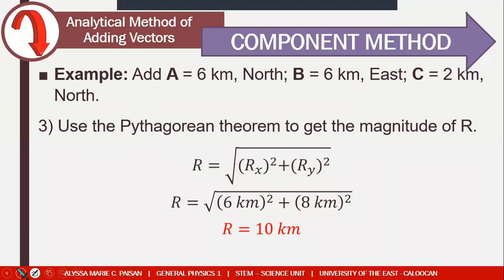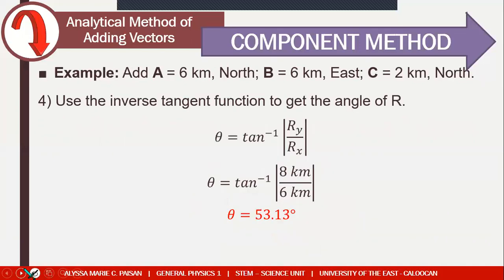Ayan. Next step, we use the Pythagorean theorem to get the magnitude. And then we input here the r sub x and the r sub y from our table. Manipulating it and using your calculator, you will get 10 kilometers. And the next step again, after getting the magnitude, you get the angle.